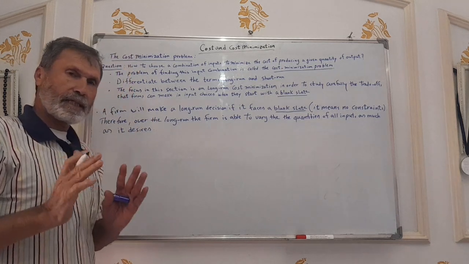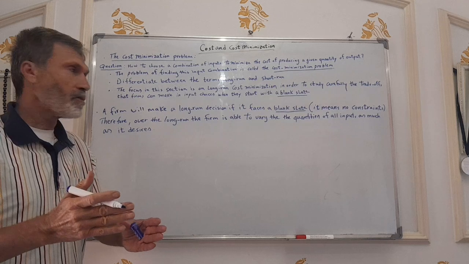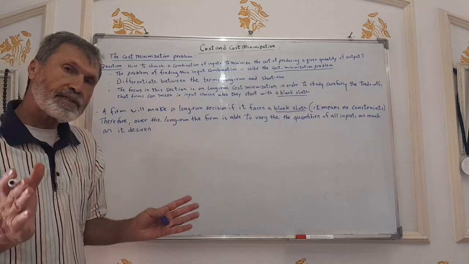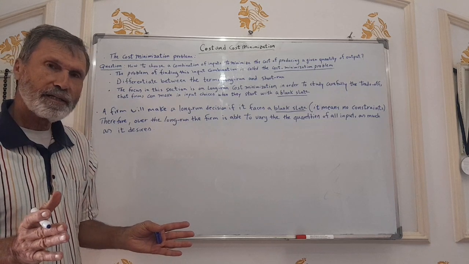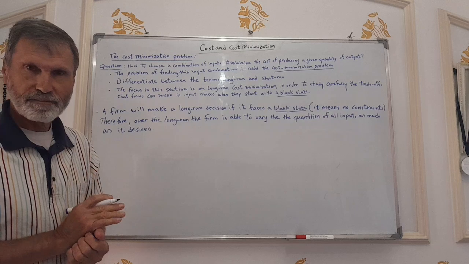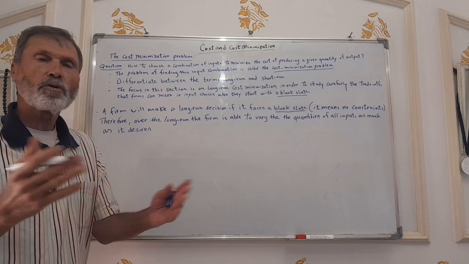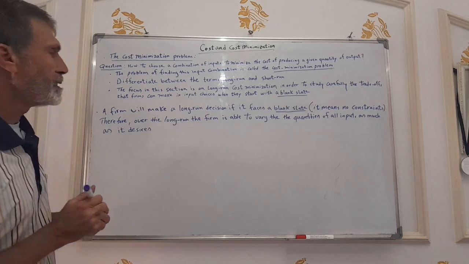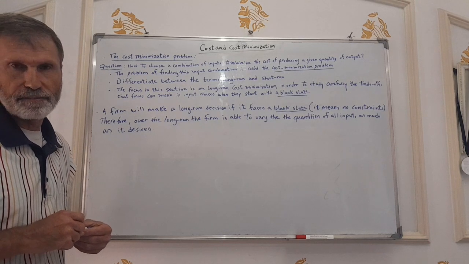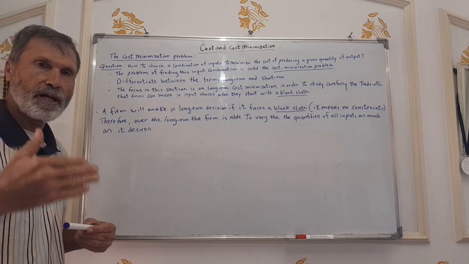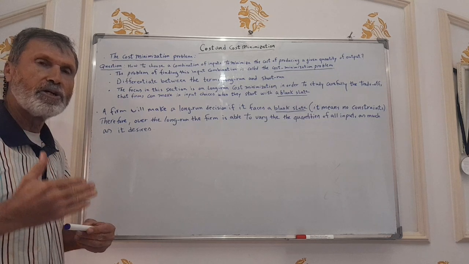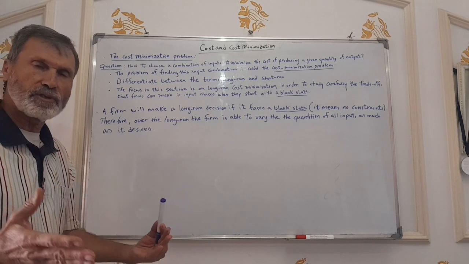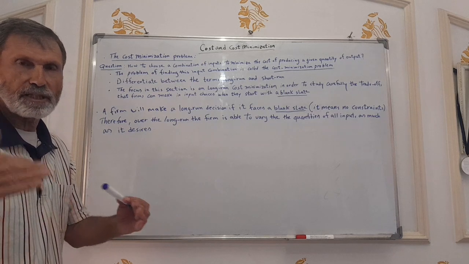Therefore, as I said, over the long period of time, the firm is able to vary the quantities of all the inputs as much as the firm desires. Because the firm faces no constraints. Therefore, this is what is meant by the long run. When a firm faces a long-run decision, it faces no constraints. So it is able to vary the quantities of the inputs as much as it desires.